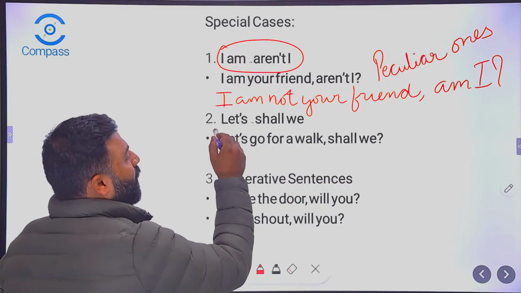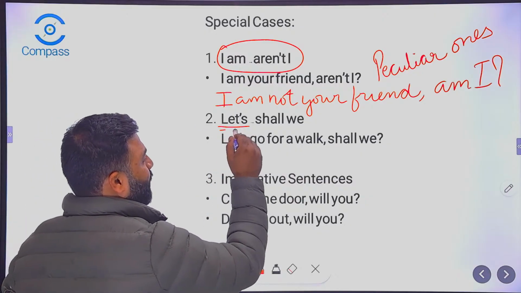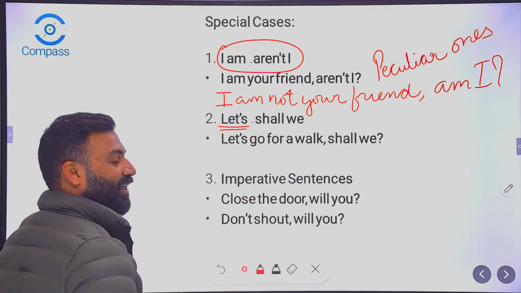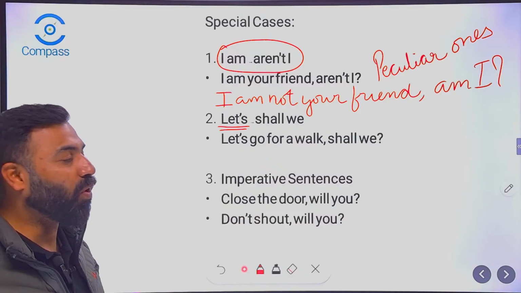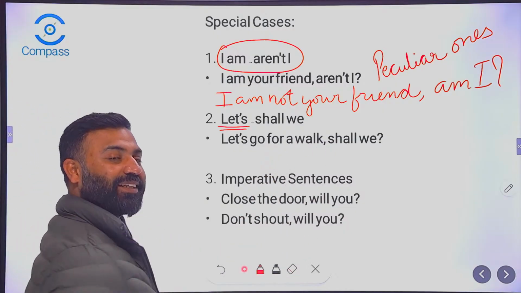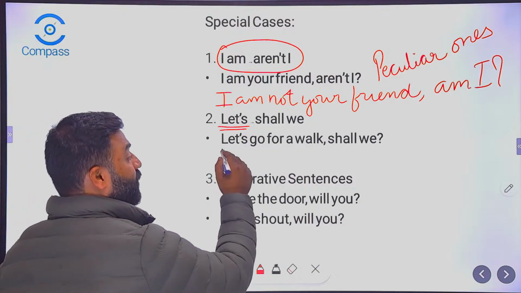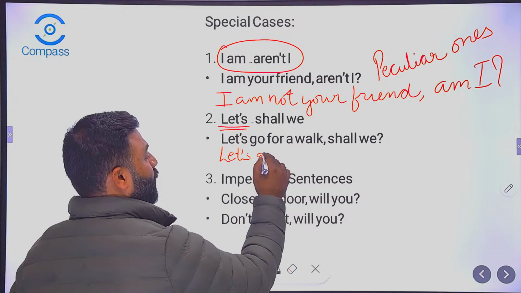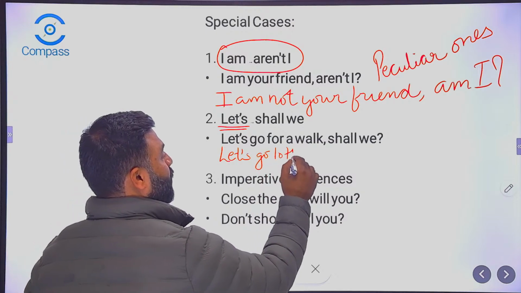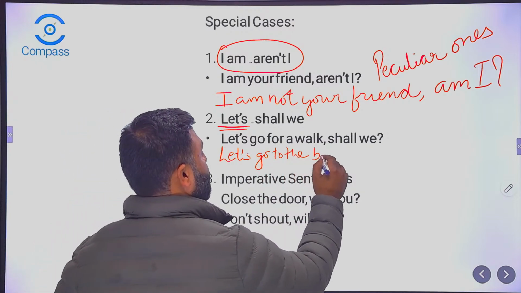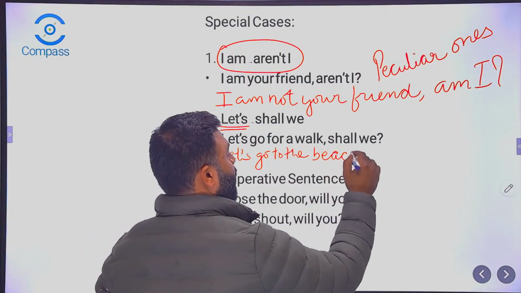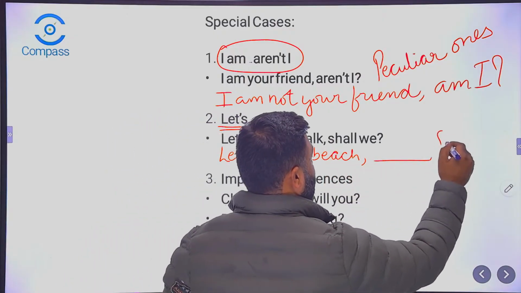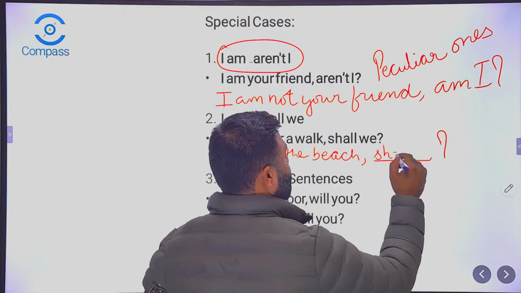Now if you come across let's, the question tag has to be shall we. Let's go for a walk. Shall we? Let's go to the beach. Shall we?